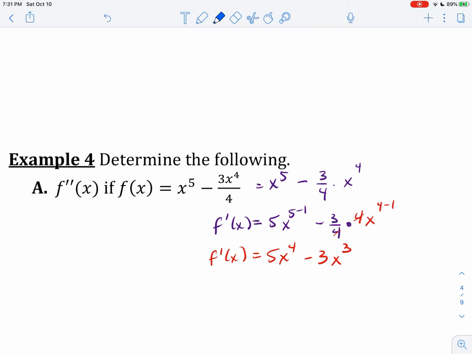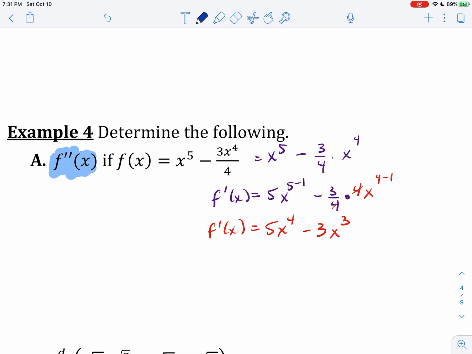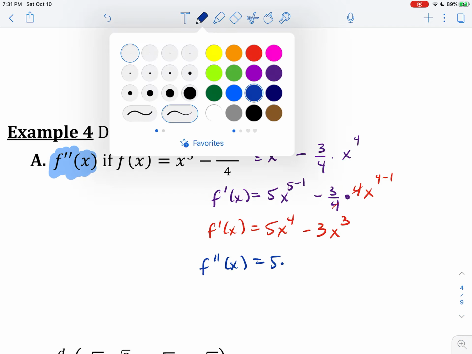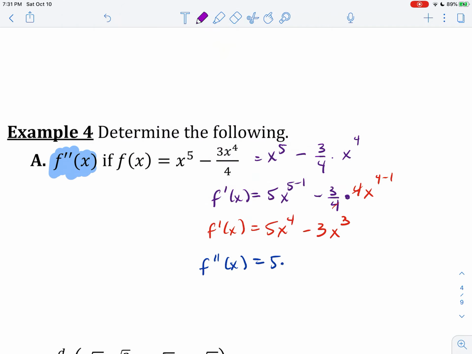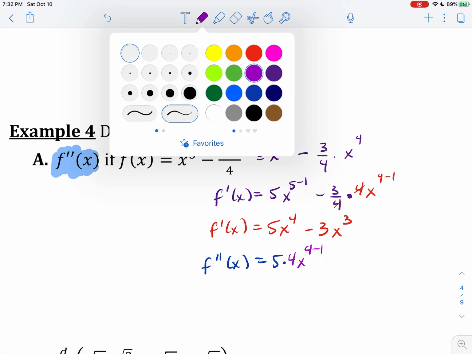That's our first derivative, but they want us to find the second derivative, so we're just going to take the derivative of the derivative. So this is the second derivative, and we're just going to repeat. This is going to be 5 times the derivative of x to the 4th, and the derivative of x to the 4th is, we take the 4 down and we subtract 1.